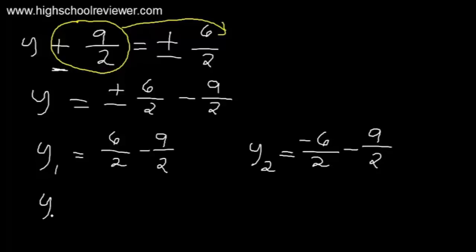So our y sub 1 will be, copy the denominator, which is 2, 6 minus 9, that is negative 3. And this will also be negative 1 and 1/2.